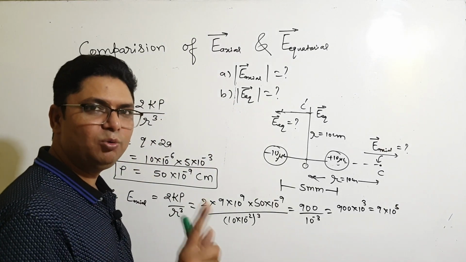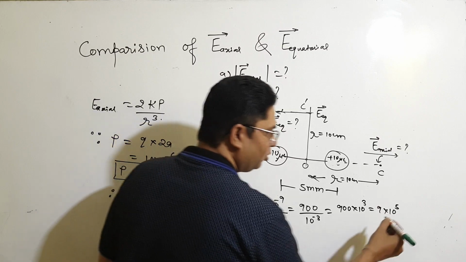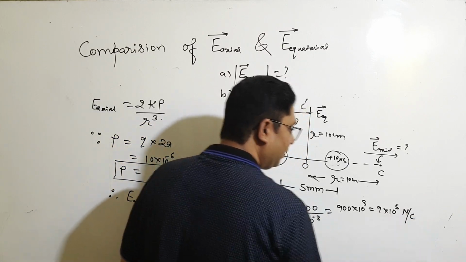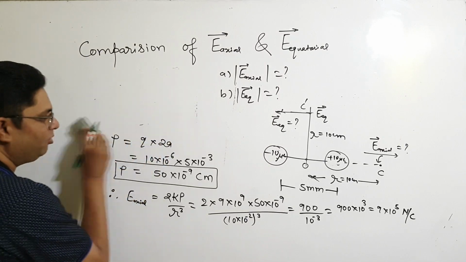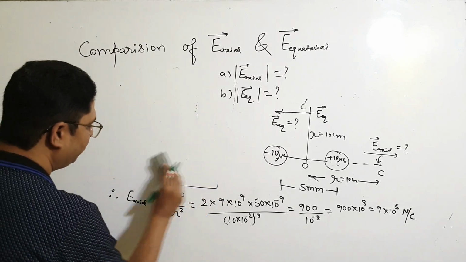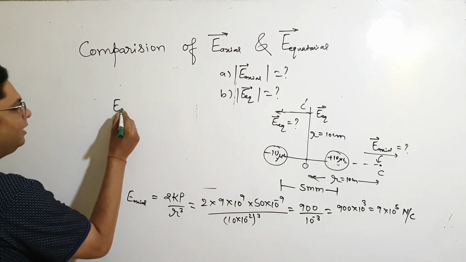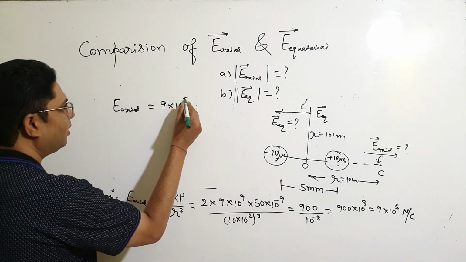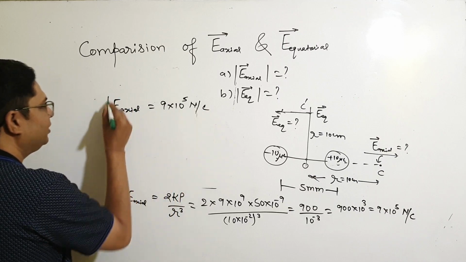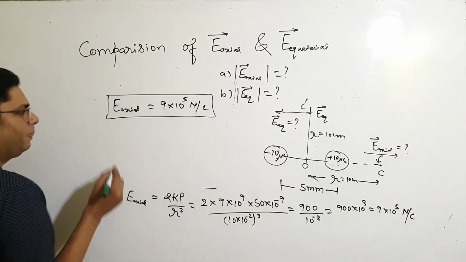Electric field unit is Newton per Coulomb. Thus you find that E axial is equal to 9 into 10 to the power 5 Newton per Coulomb.